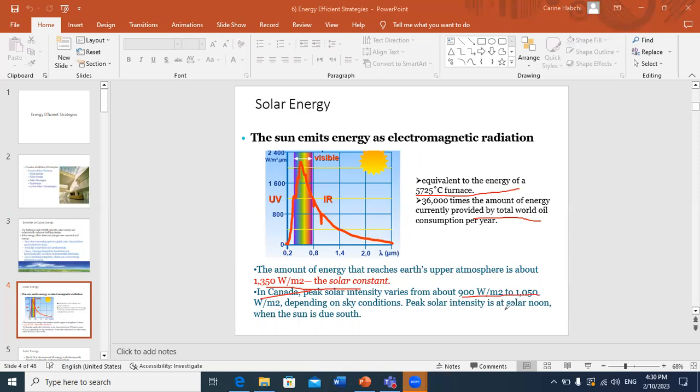Peak solar intensity is at solar noon when the sun is due south. So also we can work on the orientation of our systems. We have a lot of strategies that will track the sun, and this will allow us to benefit to the maximum from solar energy.